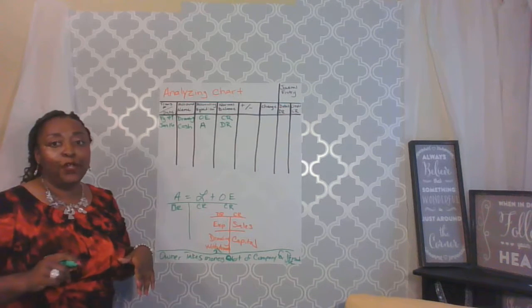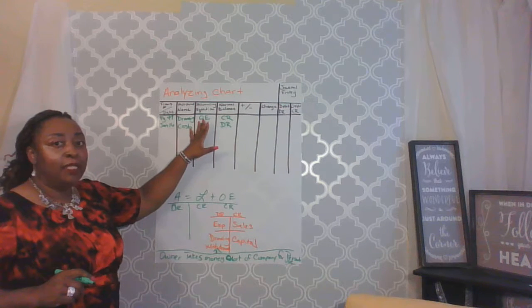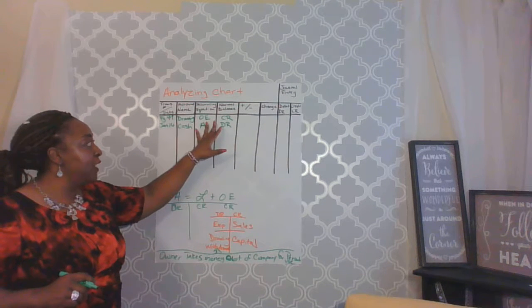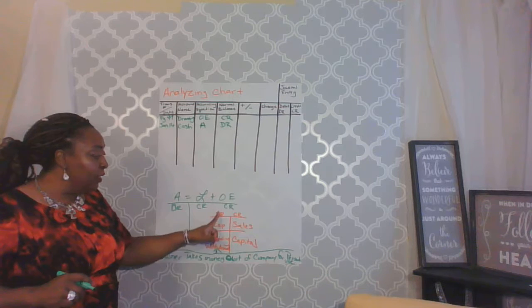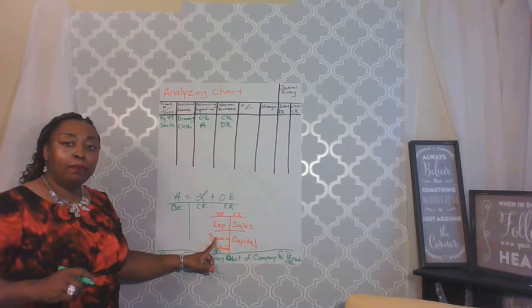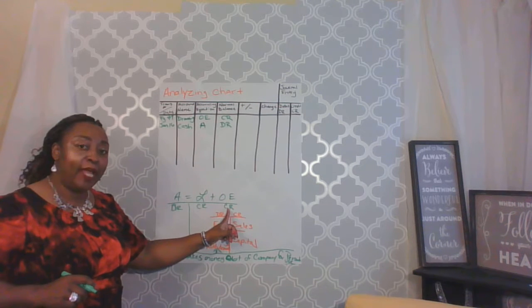Based off this transaction, do I have more or less owner's equity? Drawing is on the debit side of the owner's equity accounts. The normal balance of owner's equity is credit.